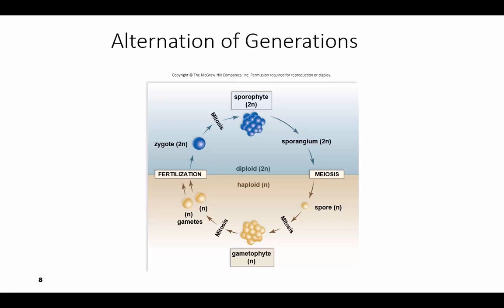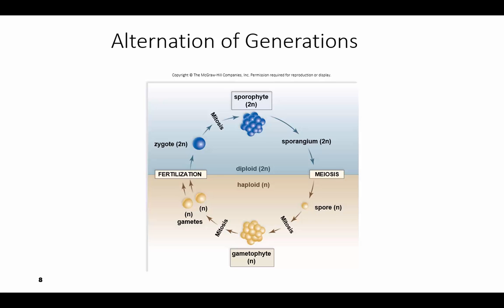You can see it here. The sporophyte is always shown in blue, and the gametophyte is in that beige color. You've got the zygote that starts out on the left after fertilization. That's diploid. It goes through mitosis.